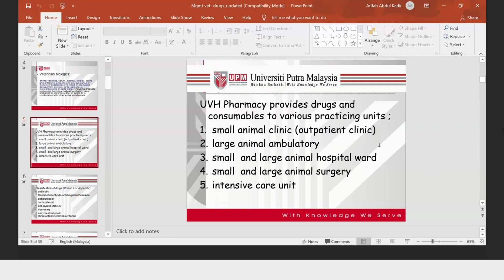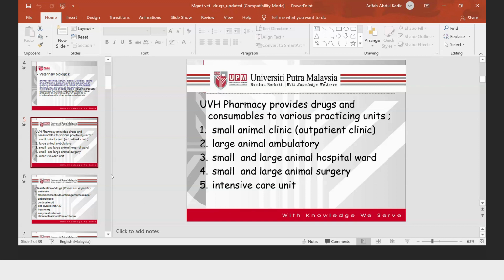For outpatient, they will deal directly with the clients. Large animal ambulatory, I've explained why we call it ambulatory, and we also supply these drugs to the hospital, large animal ward and hospital, and the small animal surgery, intensive care unit.